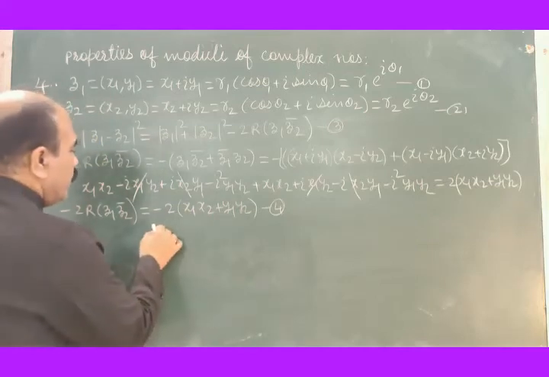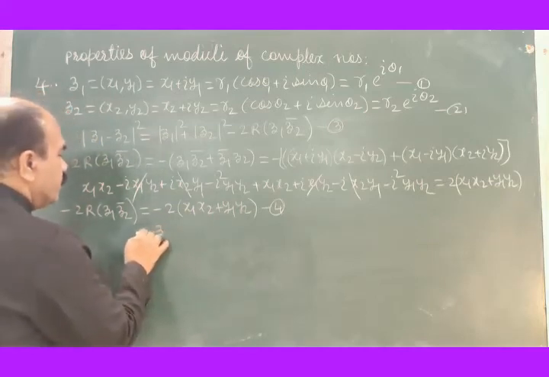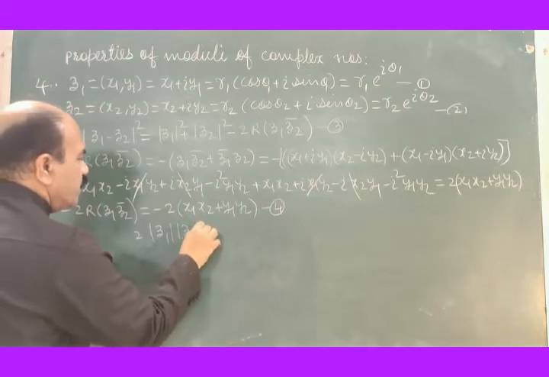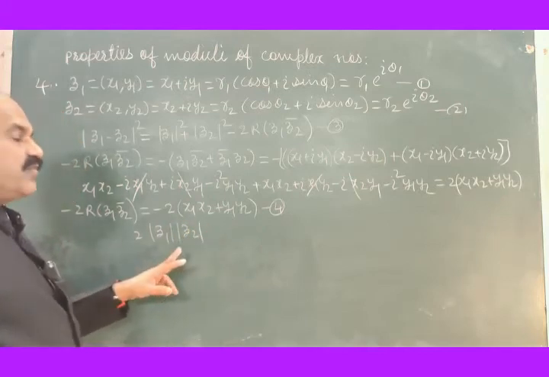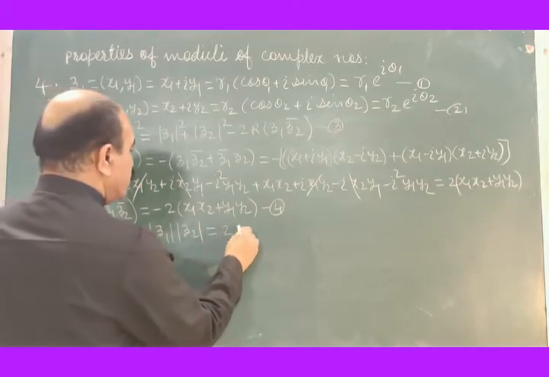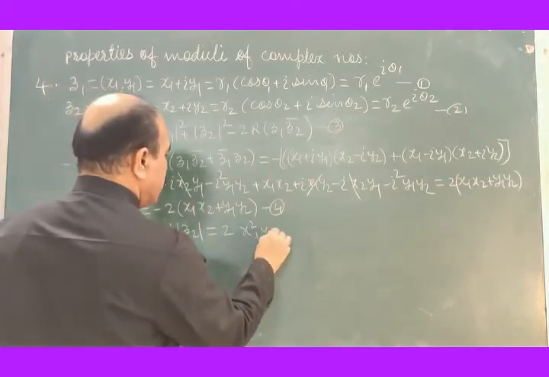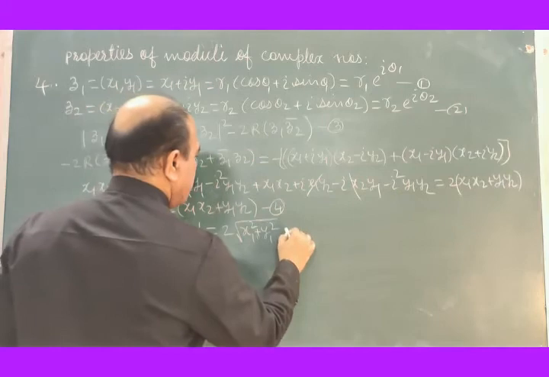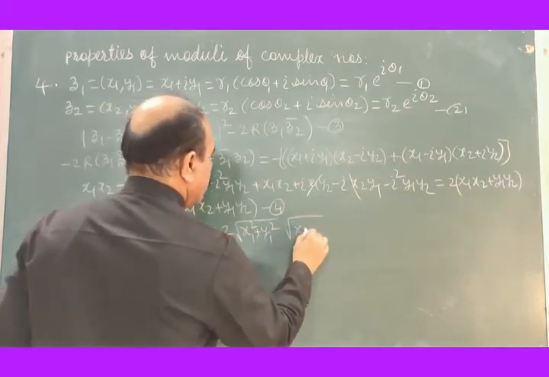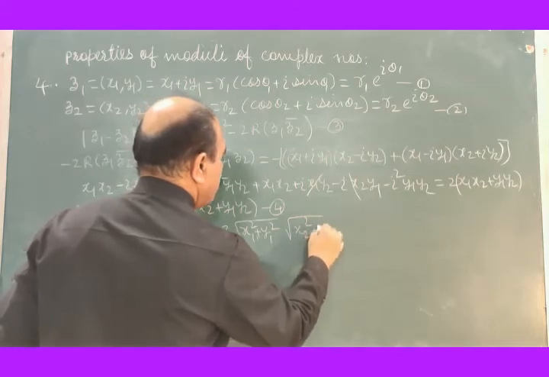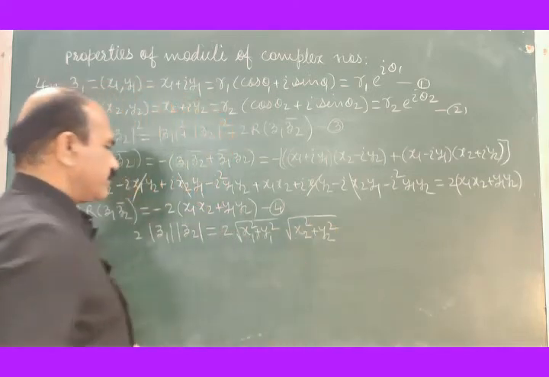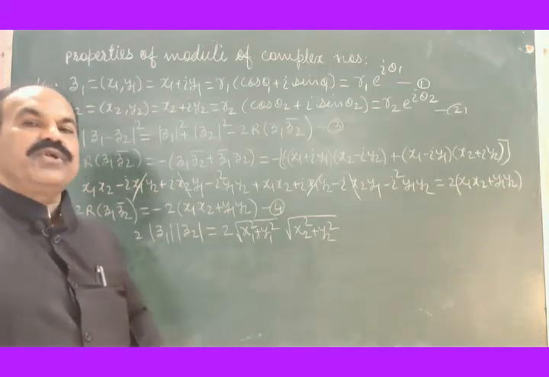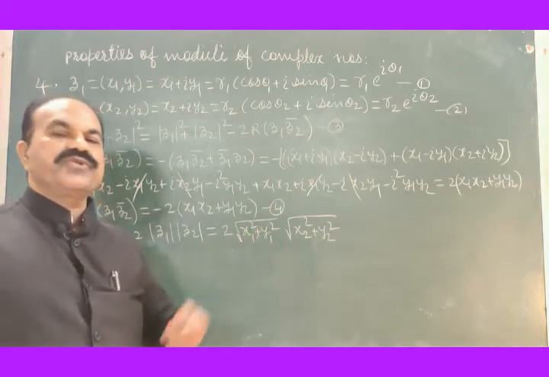Then, 2 times modulus of z1 into modulus of z2 is equal to 2 times the square root of (x1 square plus y1 square) into (x2 square plus y2 square).